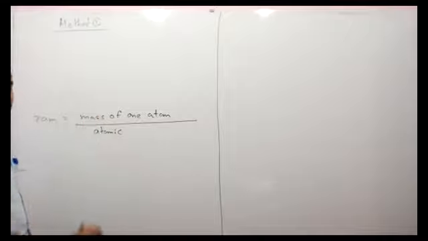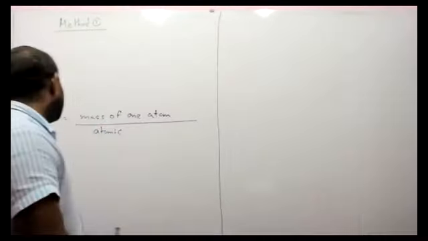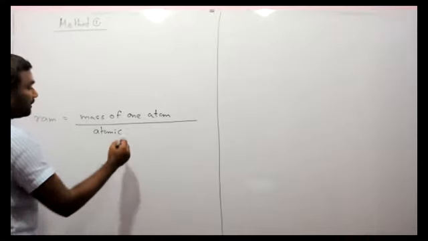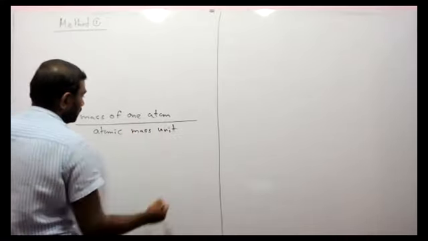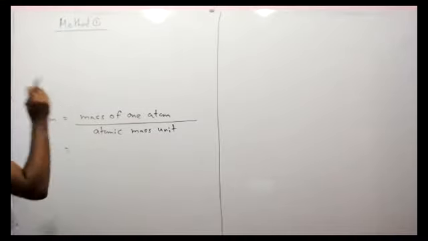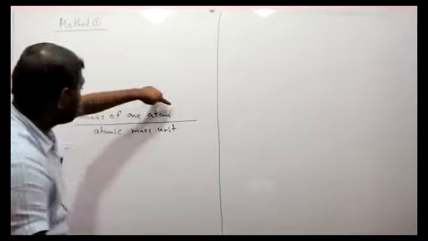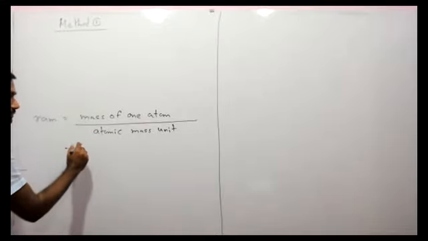So they are telling us to calculate the relative atomic mass. The mass of one atom is 12 times the mass of an atom of carbon-12 isotope.